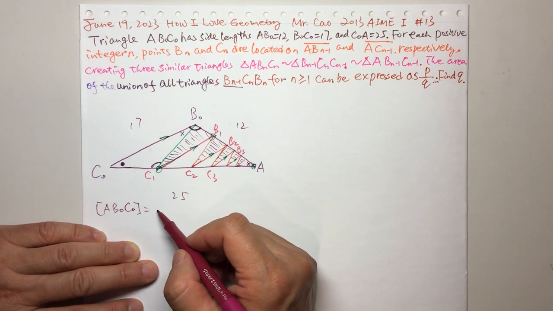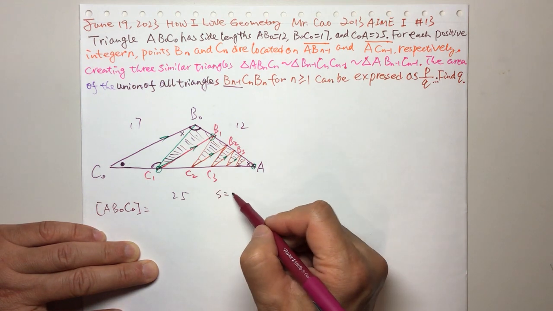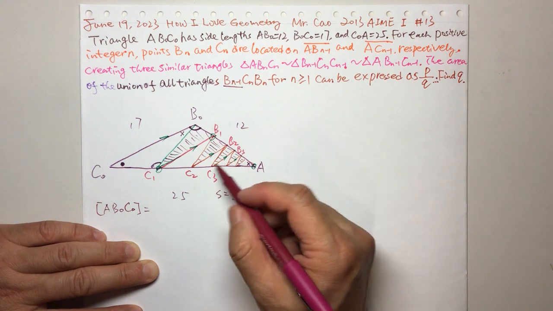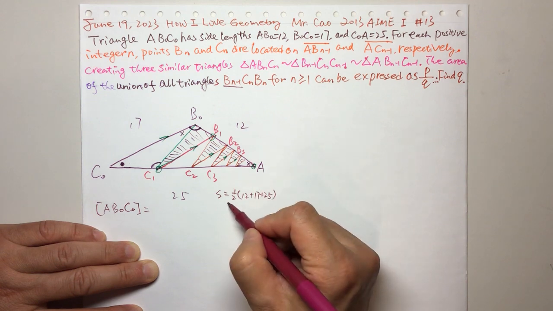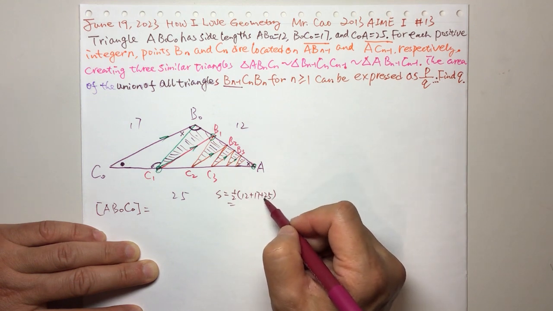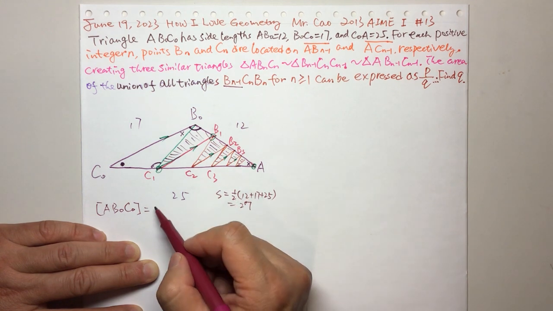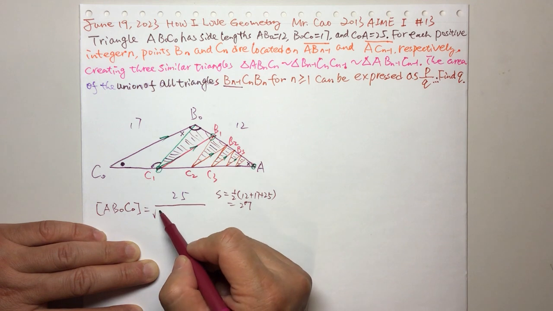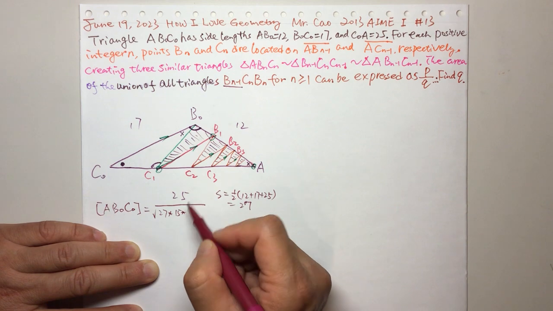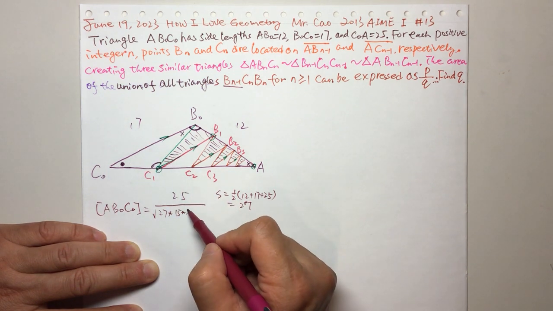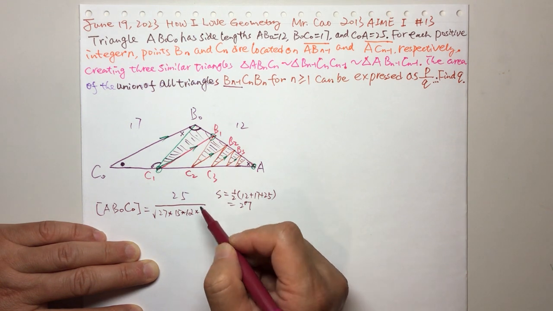And we know Heron's formula, right? So s equals 1/2 the perimeter: 12 plus 17 plus 25 is 54, and half of that is 27, right? So the area is the square root of s times s minus a, 27 minus 12 is 15, times s minus b, 27 minus 17 is 10, times s minus c, 27 minus 25 is 2.